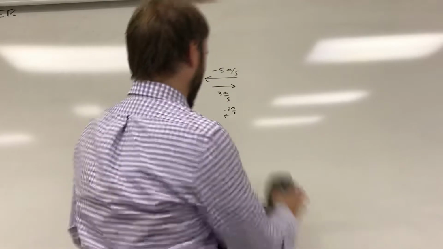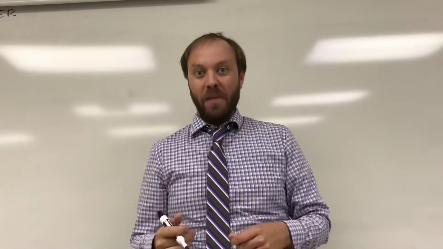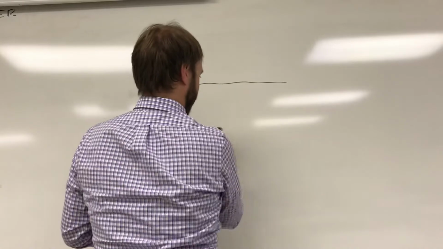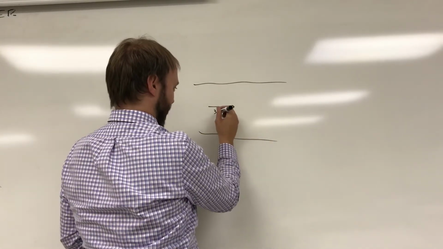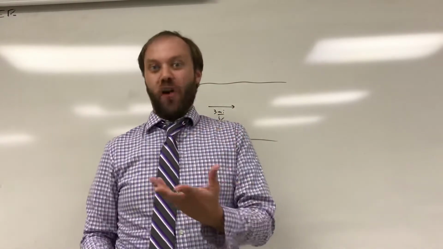All right, we can work with problems where maybe things are not just moving left and right. Maybe they're moving at an angle, okay? So we'll look at problems, for example, where we have maybe like a river, and the river maybe is flowing to the right at 3 miles per hour, and maybe you're trying to cross the river, okay?